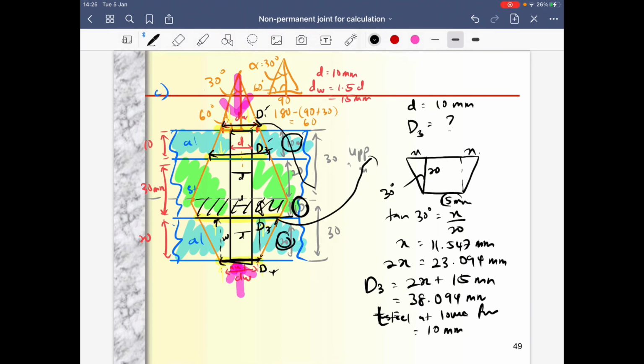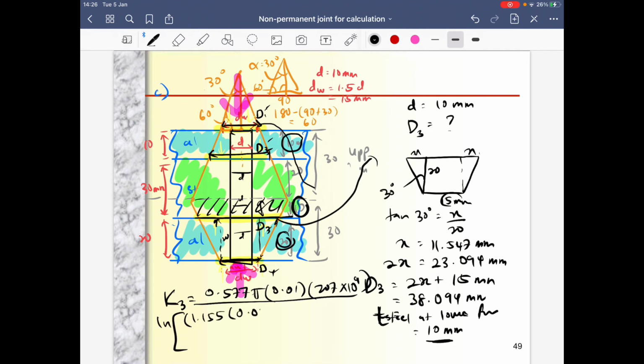Then you put everything in the K3. 0.577. I write this down so that it does not get mixed up. The small d is 0.01 and it is still 207 times 10 to the power of 9 pascal, and then the load, we can do one by one. 1.155. The thickness is 10 mm, so 0.01. Then plus capital D, which is 38.09 mm.